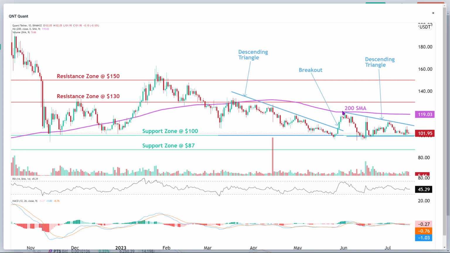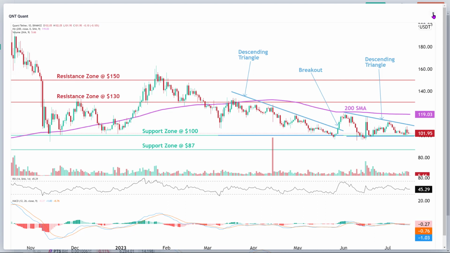A descending triangle is characterized as the upswing highs are declining, whereas the triangle base here is a horizontal support area around that $100 level, right? In fact, recently this year, it was also trading in a descending triangle, and then it broke out of that and had a nice run.